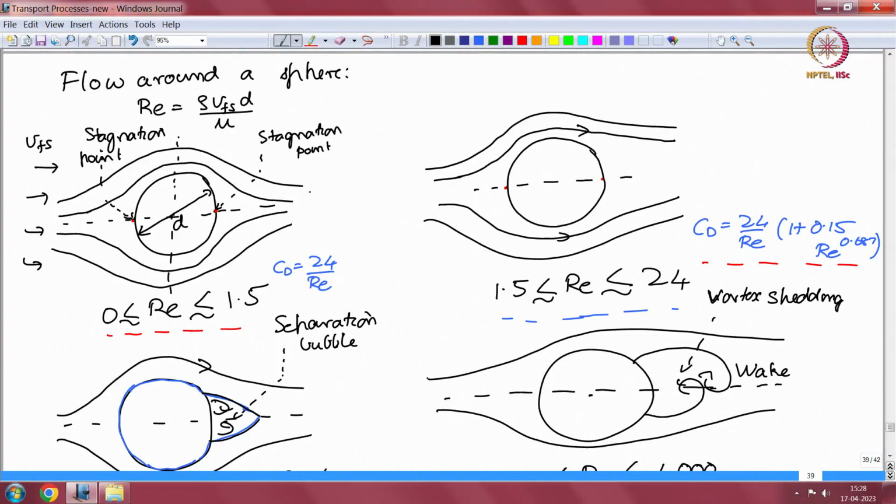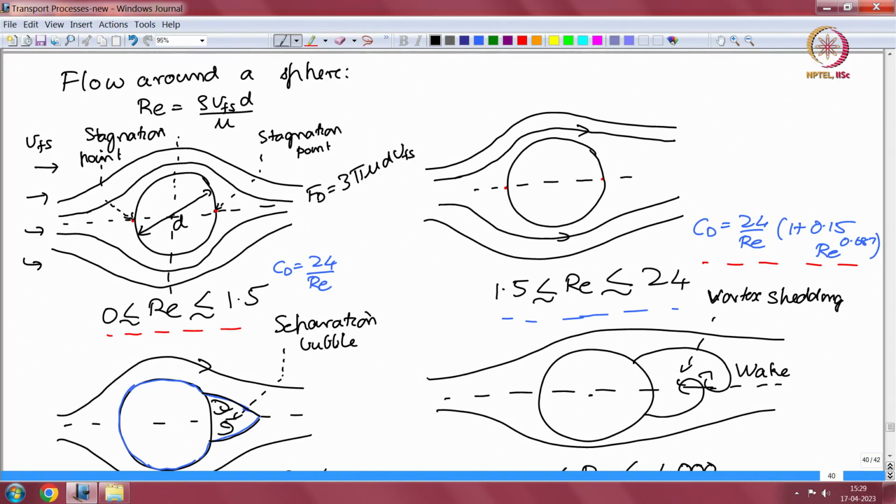In the limit of low Reynolds number, when it is less than about 1.5, the flow is symmetric between the upstream and the downstream hemispheres. And in this case, we can use Stokes' drag law for the drag force. If you recall, Stokes' drag law was that the drag force is equal to 3 pi mu d VFS. 3 pi mu d into V is Stokes' drag law at low Reynolds number.